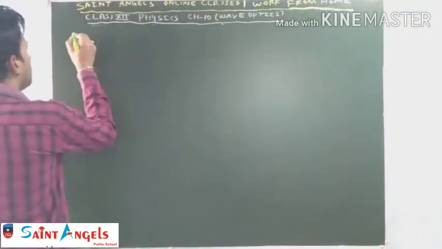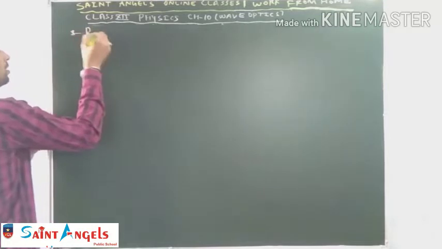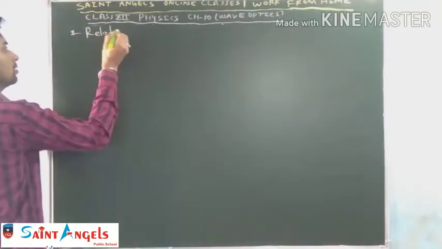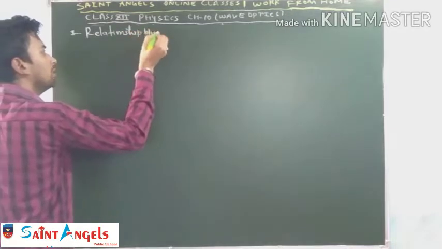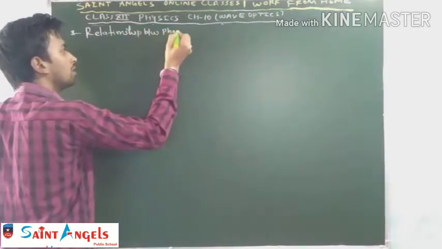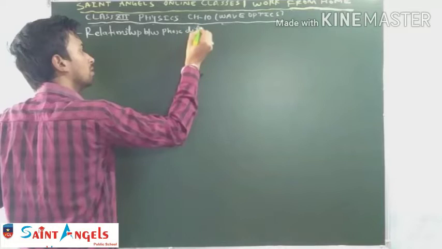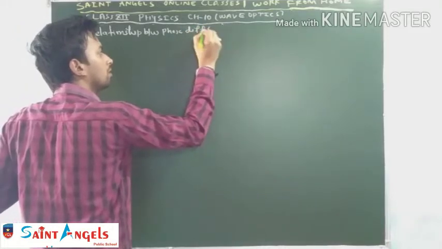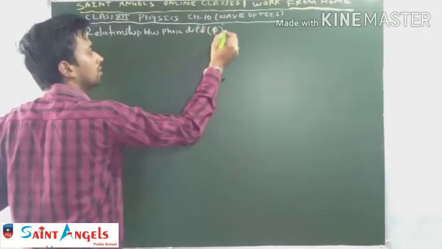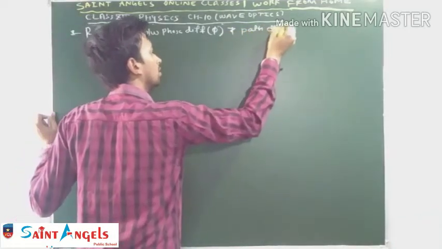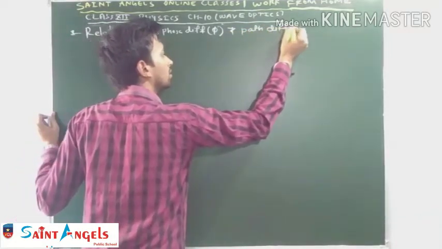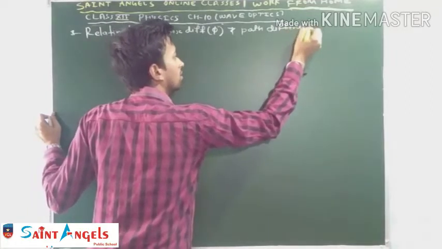So, the relationship between phase difference, say phi, and path difference, delta x.